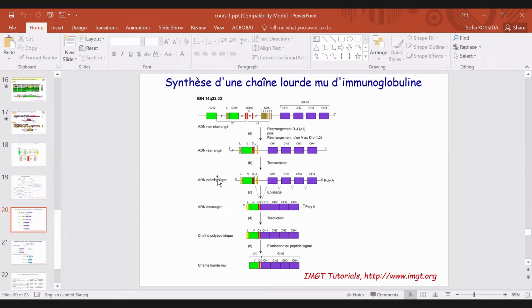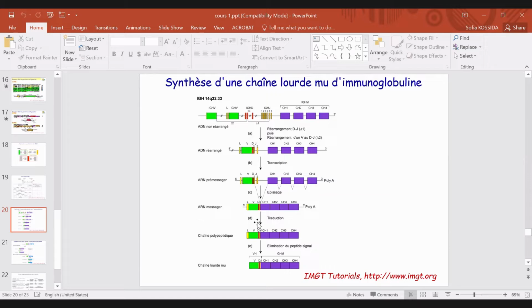Now we have the pre-messenger RNA. You have all molecular biology knowledge, so I suppose it's quite straightforward. There is a poly-A tail that is added, and then there is the so-called splicing. You all know what splicing is. It's the excision of introns, and the different exons get together, and we have the messenger RNA.